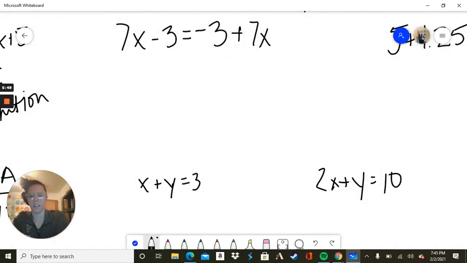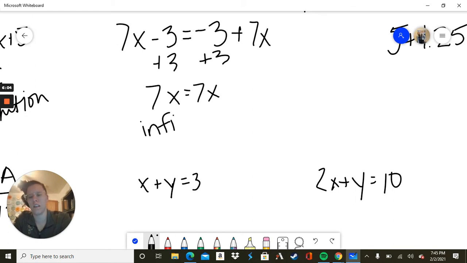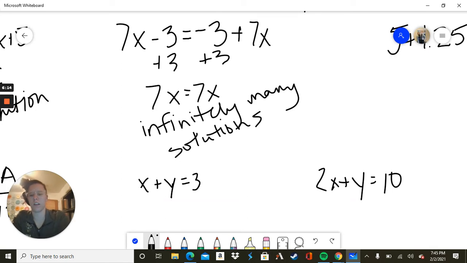Last but not least, we're going to add 3 to both sides. So we get 7x equals 7x. Now, if you remember when that happens, we have infinitely many solutions because you can plug anything in for x and it's going to equal itself. Okay.